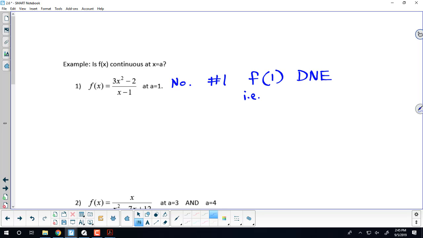In other words, an x value of 1 is not in the domain. Hopefully that's fairly intuitive. How can you be continuous at something that's not even in the function? It doesn't make any sense.